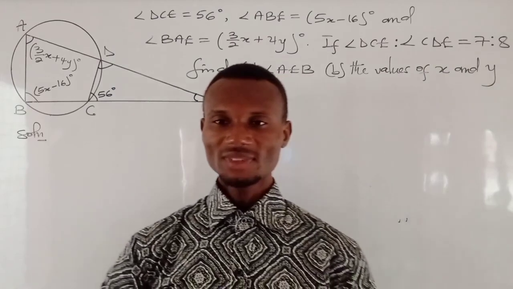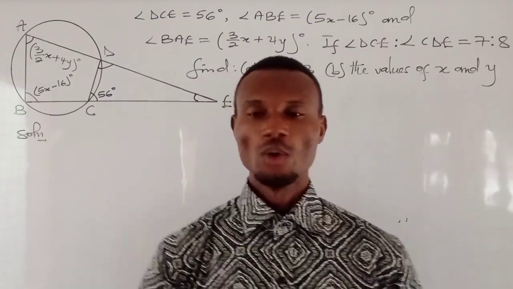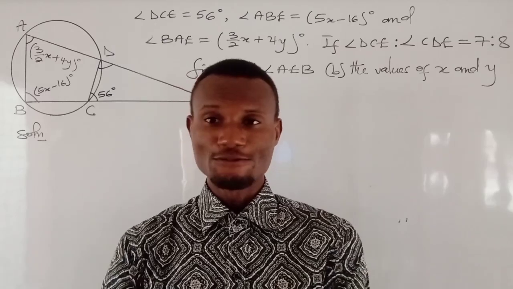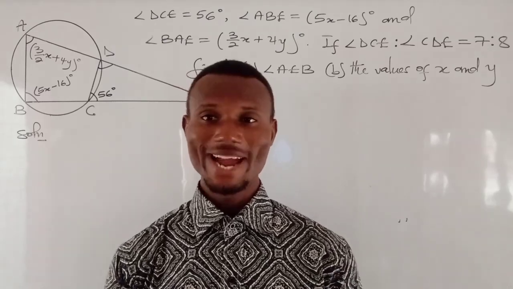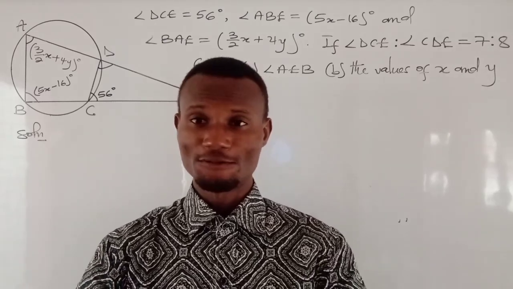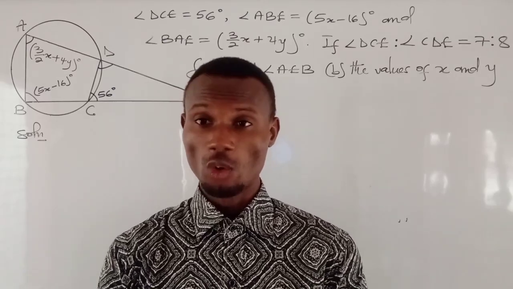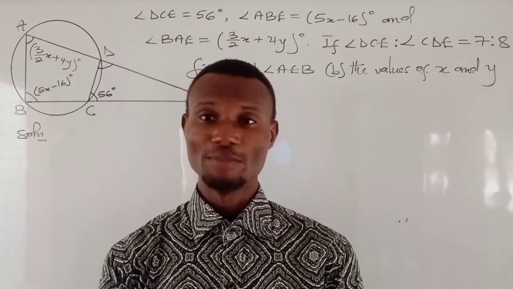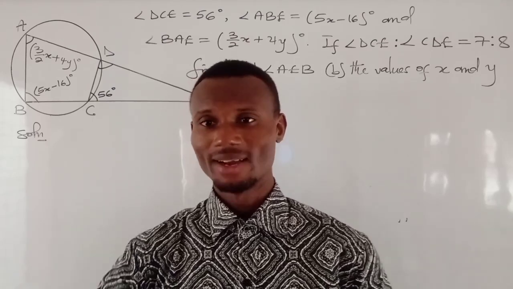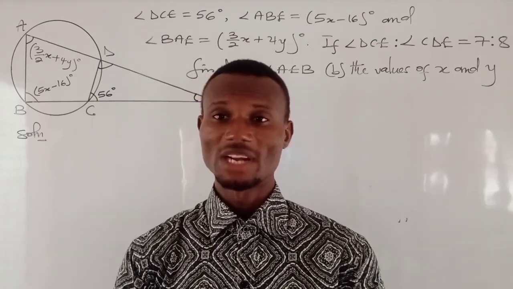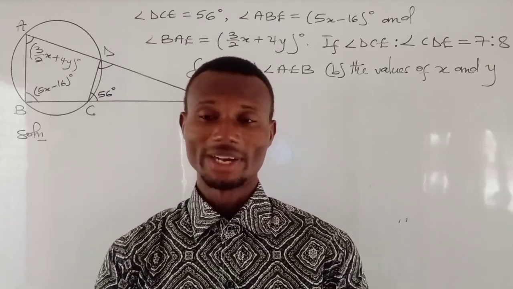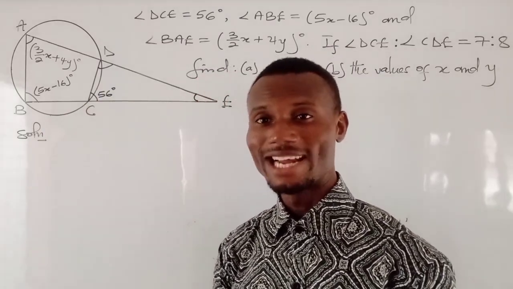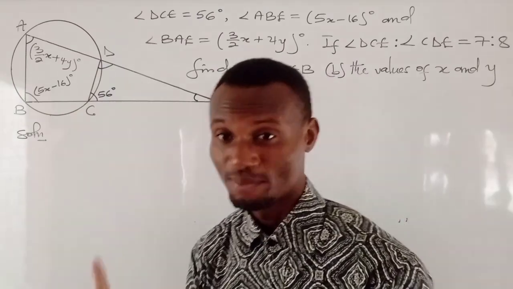The next thing to do is consider where angle AEB is being formed, because where it is formed will help us know what to do to find its value. So we are going back to the diagram to take a look at where that angle AEB is formed.